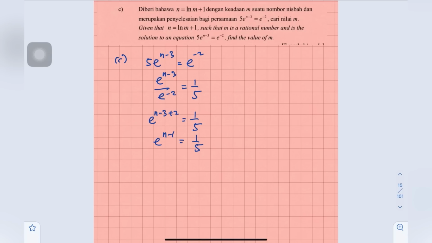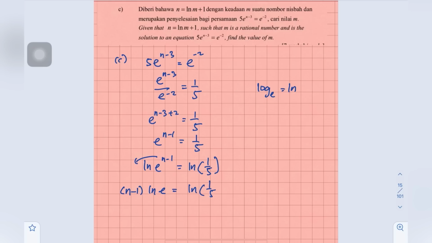Okay, so then we have to log both sides with log base e. Log base e is actually ln. So we ln both sides. So ln e to the power of n minus 1, ln 1 over 5. Then we can move the power: n minus 1 ln e equals ln 1 over 5.